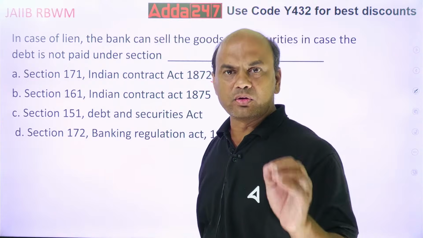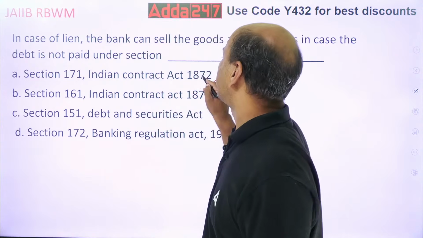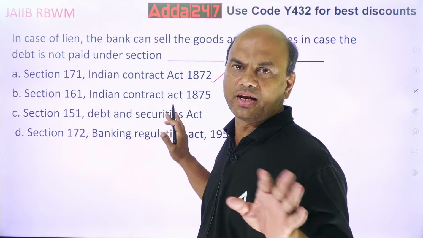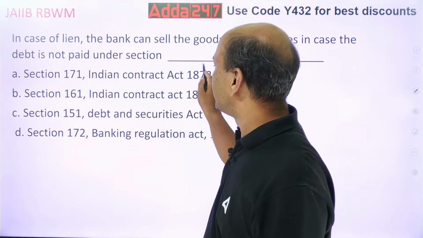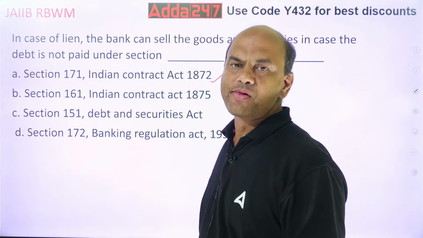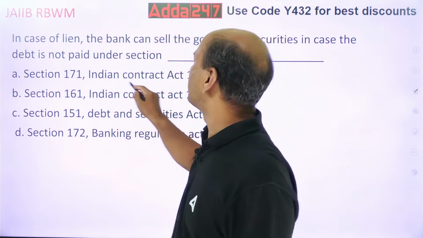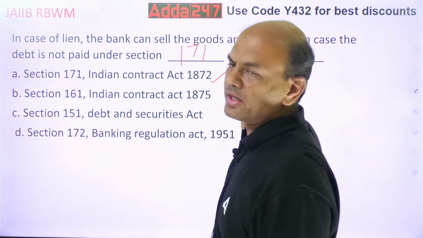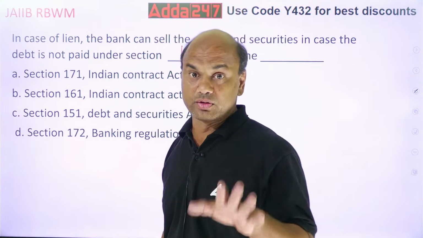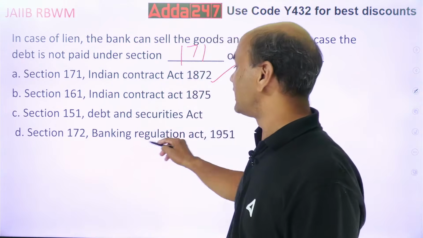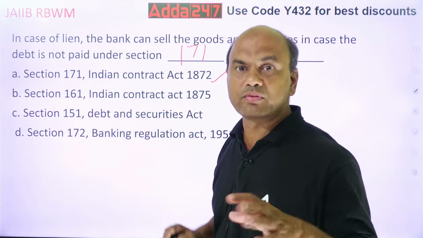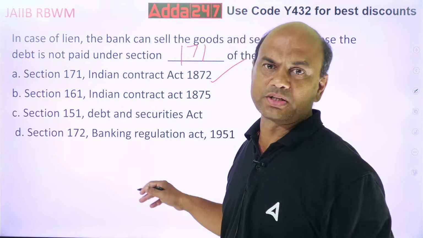The hint over here is Indian Contracts Act was in 1872. Indian Contracts Act was never in 1875. It was in 1872. So, Indian Contracts Act and section 171 of Indian Contracts Act. Kindly note this. This is not related to the BR Act. Many of us feel we are in banks, so everything is BR, Banking Regulation Act.